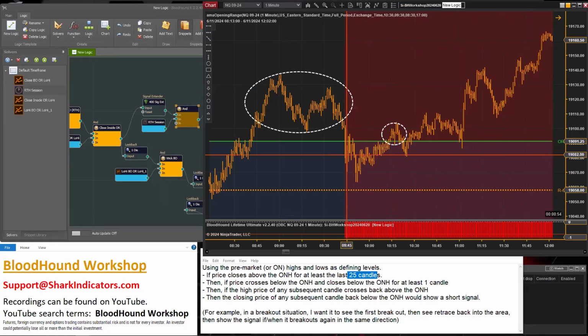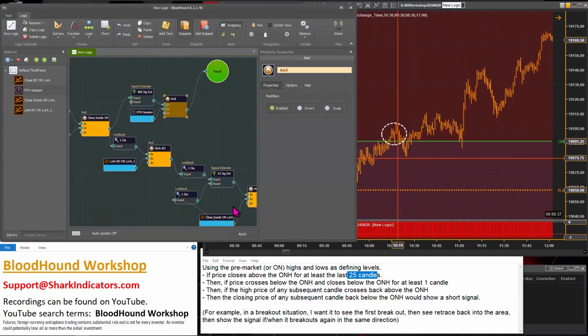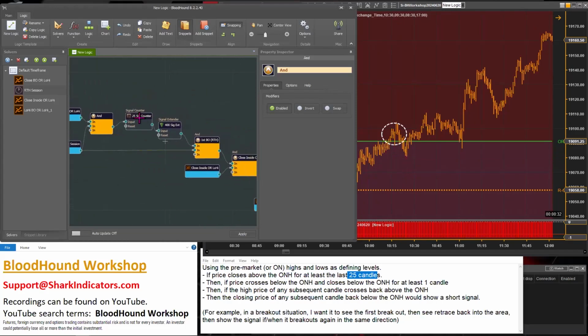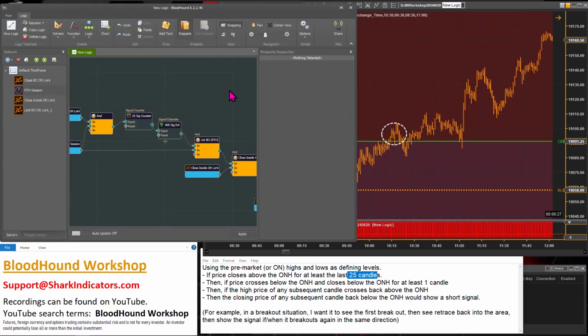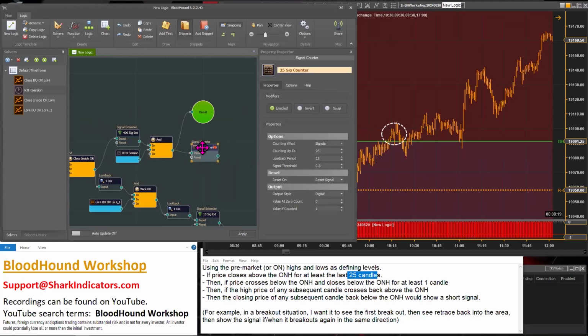And if we wanted to, you could say, all right, I want the market to close back inside the opening range for X number of bars. So if that's what you wanted, we could take this signal counter here, make a copy of it, paste it at the end.